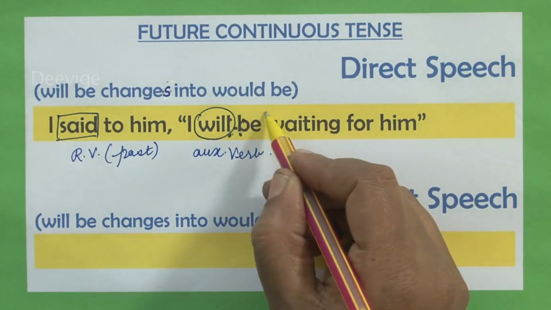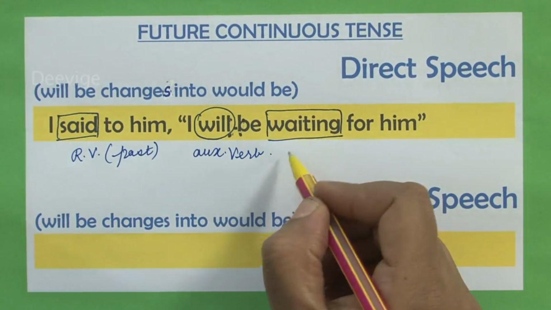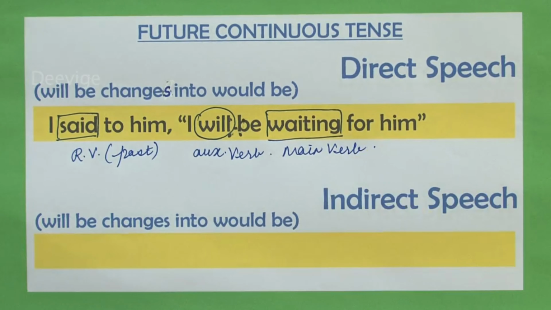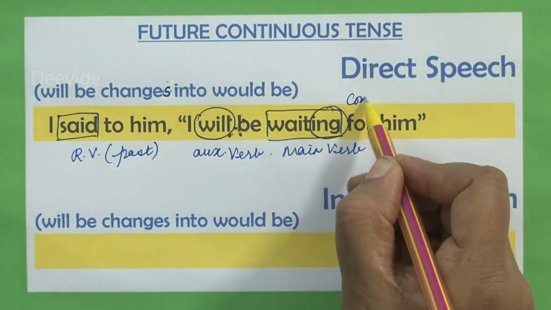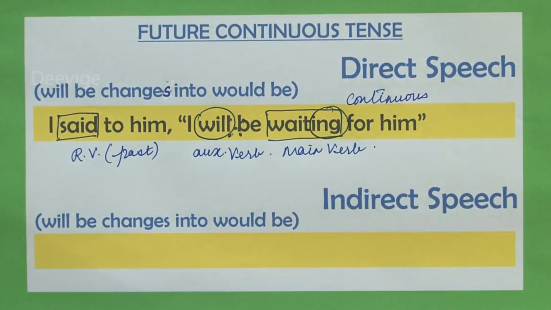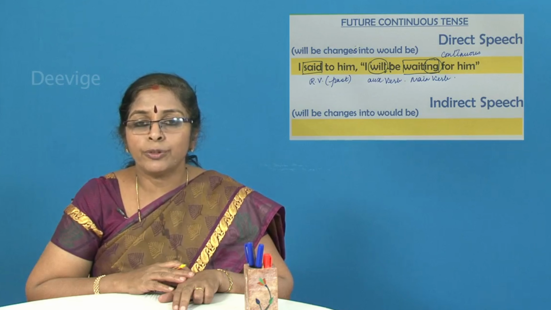And waiting is the main verb, right? Waiting is the main verb. And waiting, as you can see, ends with the letters ing, so it is in the continuous tense. So what is the tense of the sentence given to us? It is in the future continuous tense.